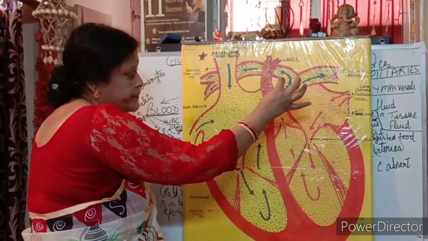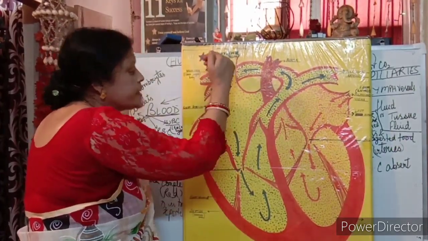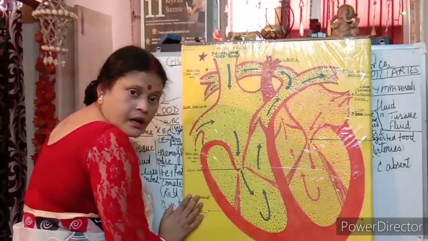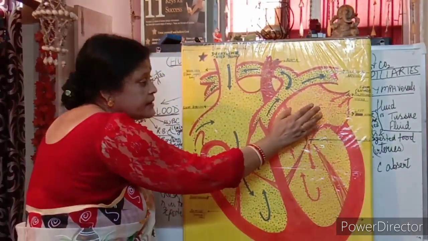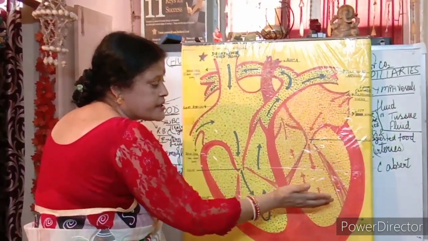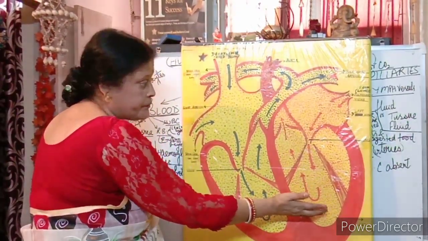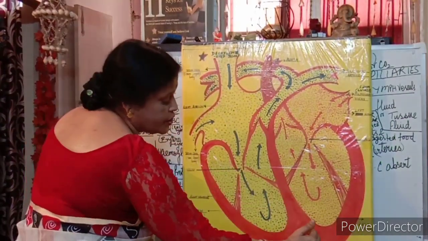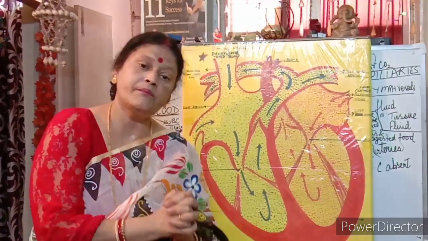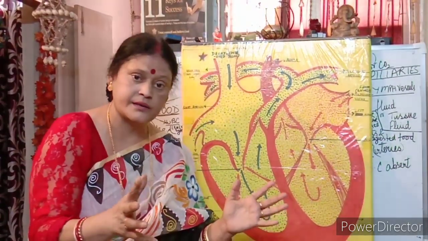Due to pressure, the deoxygenated blood from right atrium enters into the right ventricle, and the oxygenated blood from left atrium enters into the left ventricle. There is a partition called septum which prevents the intermixing of blood and maintains the temperature of the heart.